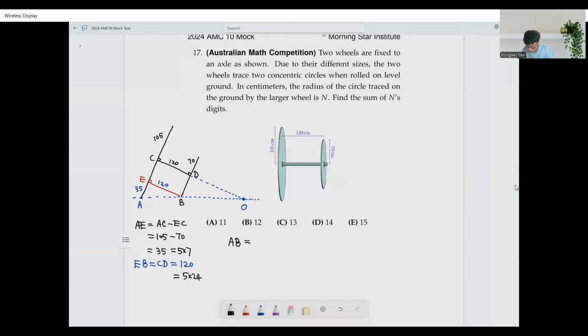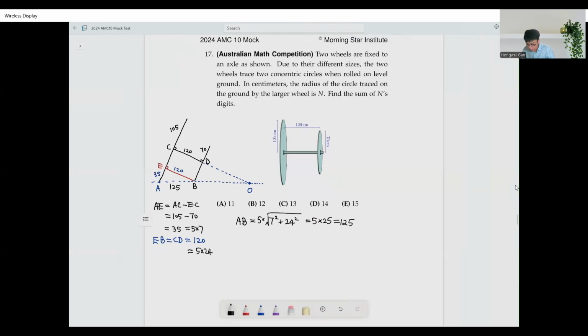Or you can just use the formula: square root of 7 squared plus 24 squared, and times 5. So it's 5 times 25, it's 125. So AB equals 125.